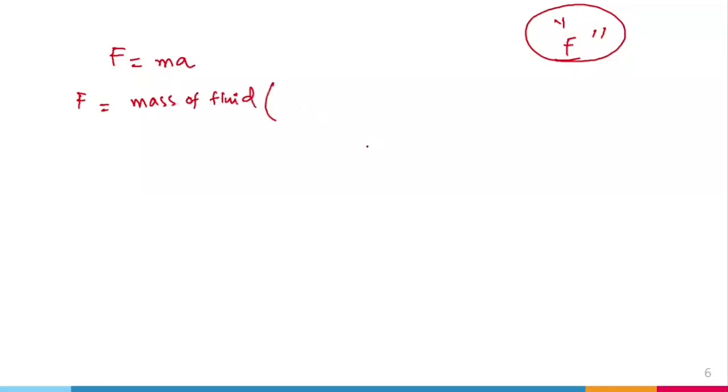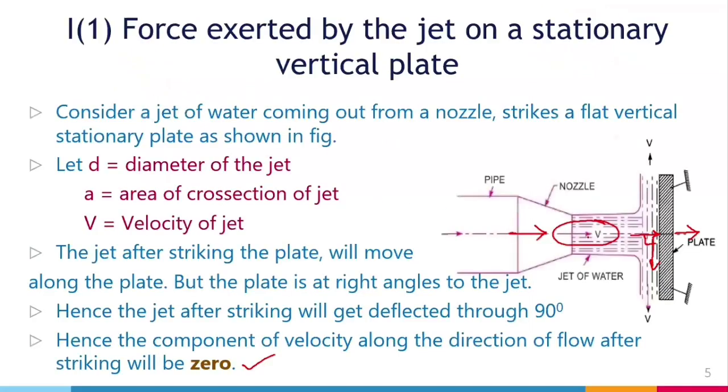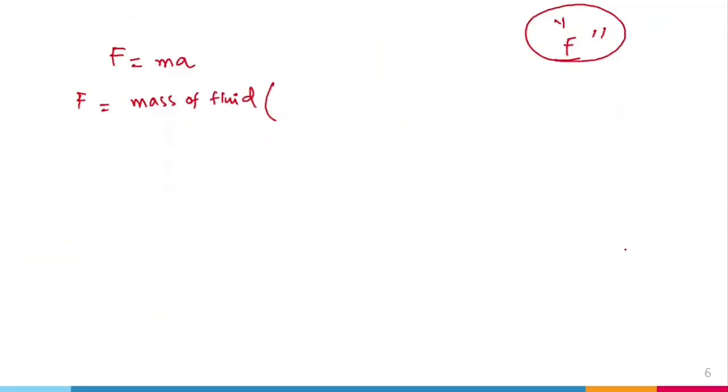Directly we are not adding acceleration, because the water comes out of the nozzle with some velocity, strikes the plate, and afterwards it gets reduced. So directly you can't put a value. For this we take the concept of momentum. How? Acceleration stands for what? Velocity by time. Correct? The definition of acceleration is velocity by time.